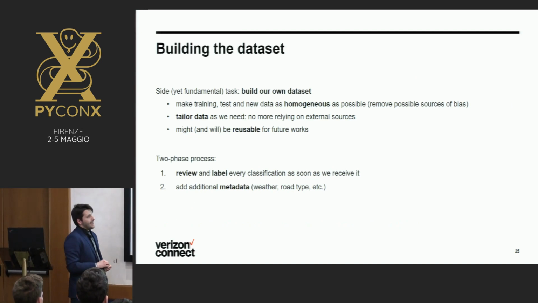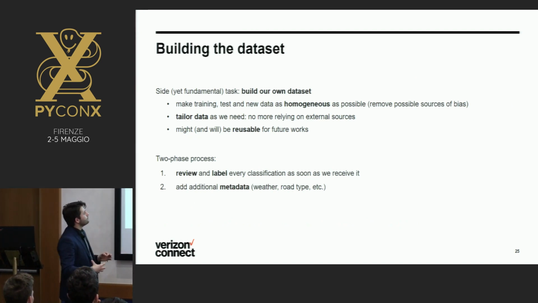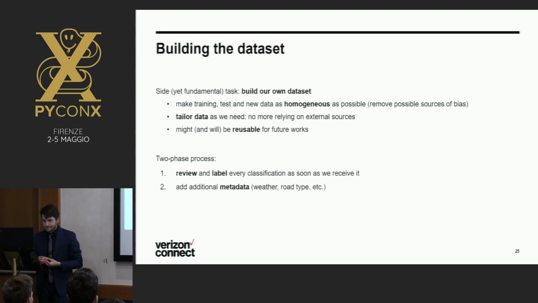Now, at the same time as building the model itself, we have a side task which is quite fundamental, which is to build our own dataset. The idea is that we need to make the training, the test, and the new data as homogeneous as possible.